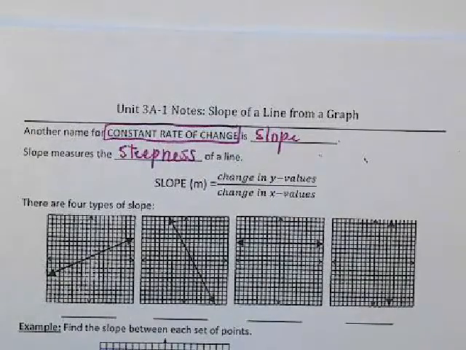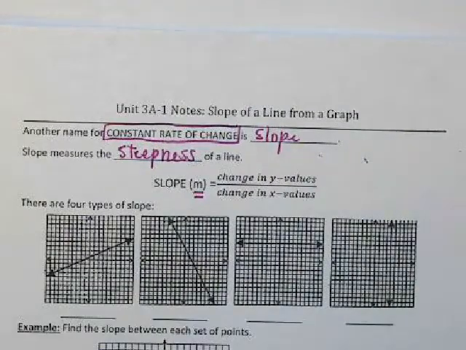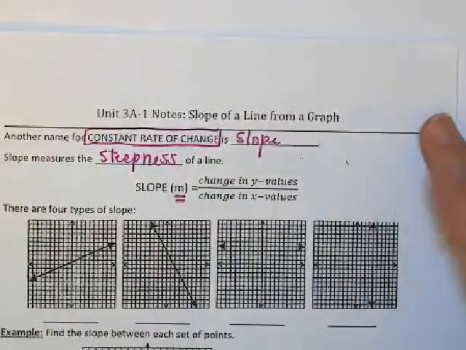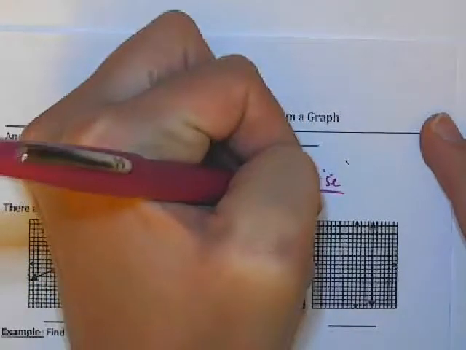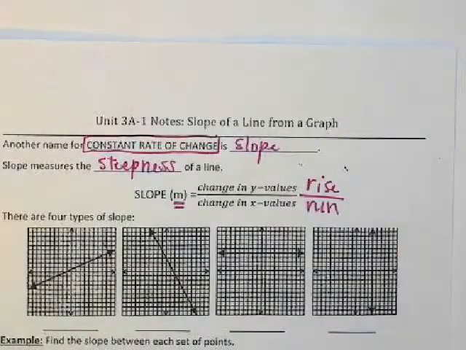Slope is M. This is important: M stands for slope. It's your change in Y over your change in X, which is also known as rise over run. When you think of the word rise, which way does that go? Up.